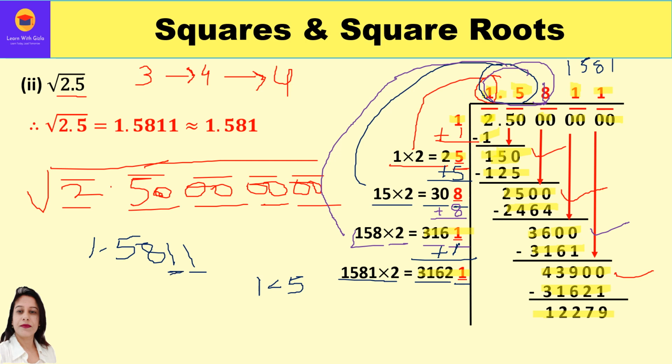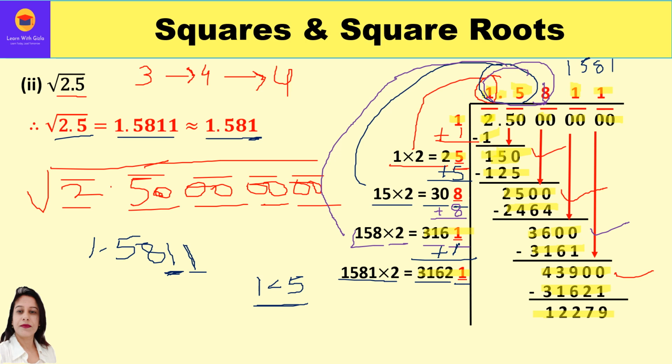So I will say square root of 2.5, which was 1.5811, approximately is equal to 1.581, right? The third place of decimal remains the same because the value at the fourth place is less than 5, right? Value is less than 5, therefore the value at the third place remains the same. So approximately the square root of 2.5 is 1.581.